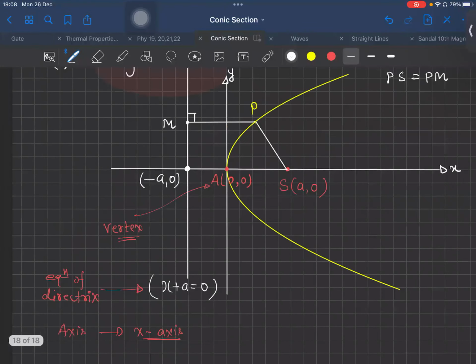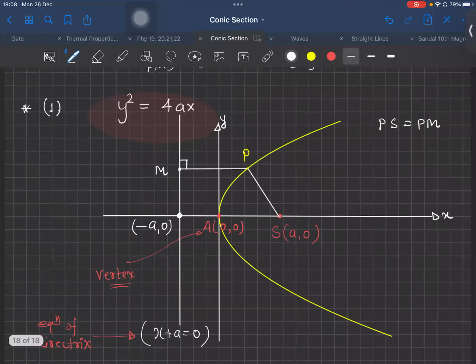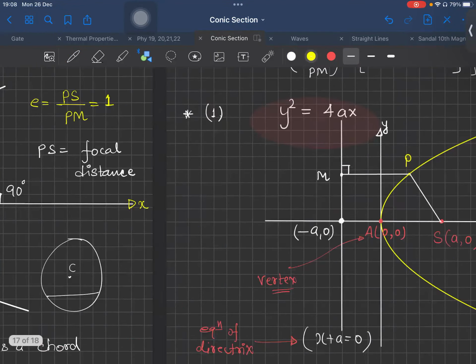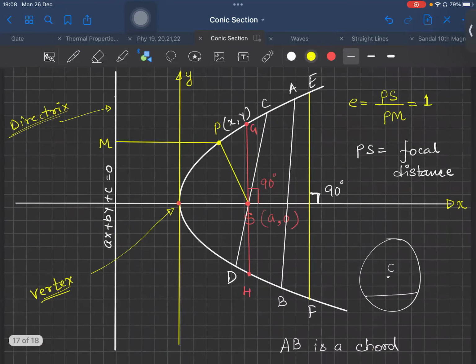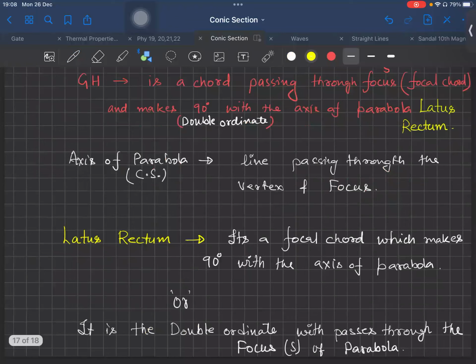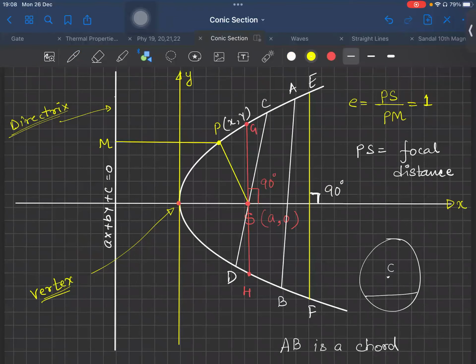Now, what is the latus rectum? What is the latus rectum? Anyone? See the definition here. From this diagram, which one is the latus rectum? Hari, which one is the latus rectum?